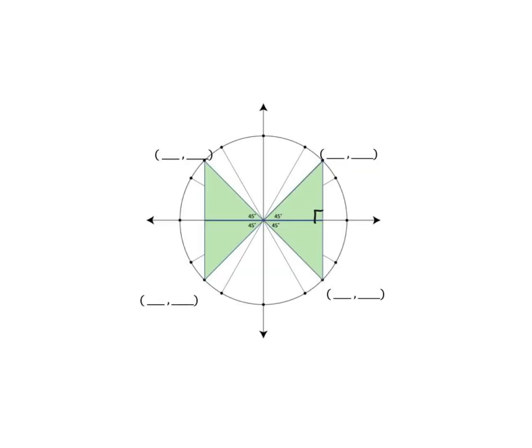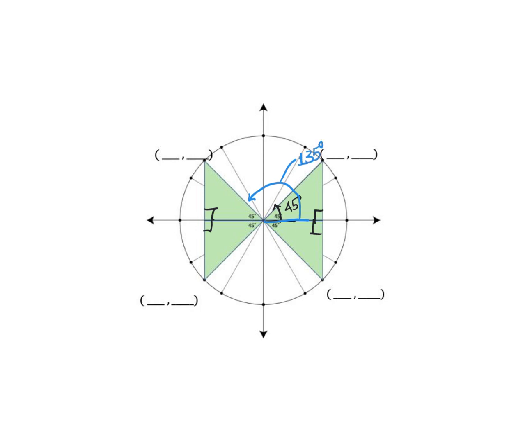All right, in this example, we're now going to be dealing with the following angles. So we have the 45 degree angle here. We also are going to have this angle here, which is going to be 135 degrees.